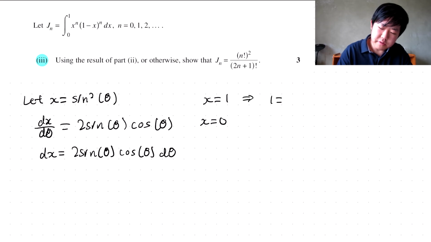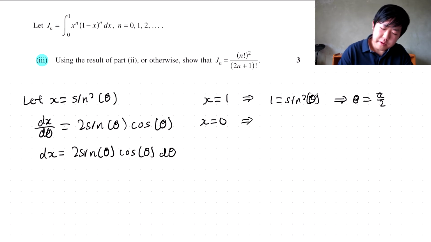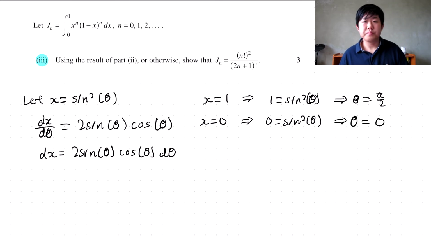And so 1 equals sine squared theta. And then we know that theta is going to be pi over 2. And then here, 0 equals sine squared theta, and we know that theta is going to be equal to 0. And these were the same bounds that we got from part 1, which is good news.